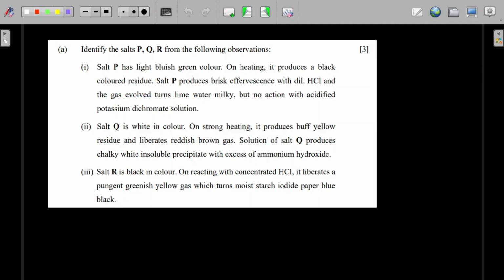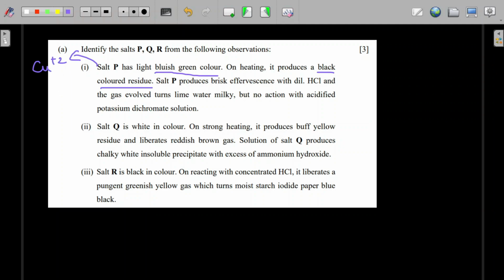Very good. Can you identify the metal? Bluish green is, I think, copper. Very good. Another confirmation is that it forms a black residue, copper oxide, on heating.